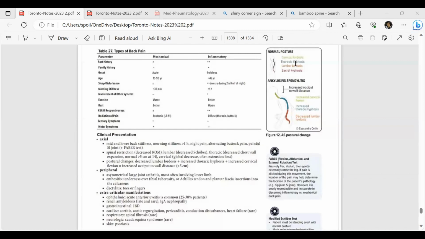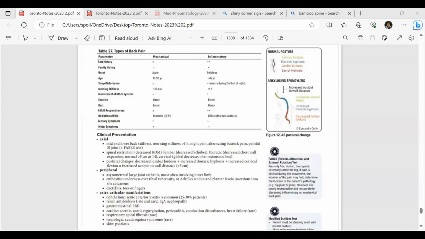Okay. And you can see over here the normal posture, and in ankylosing spondylitis, what is the posture? There is an increased occiput to wall distance. When we stand straight, our occiput just hits the wall, at the level of the wall, but here it will not. There is increased cervical flexion, increased thoracic kyphosis, which is a curve, and decreased lumbar lordosis, which means the inward curvature is decreased.